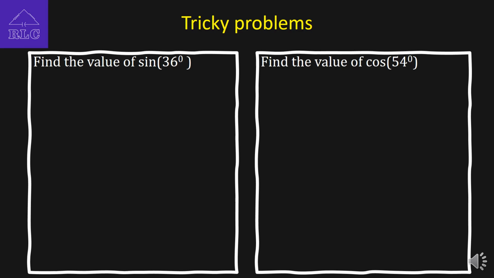Now let us find the value of sin 36 degrees. Sin 36 degrees can be written as square root of 1 minus cos square 36 degrees.